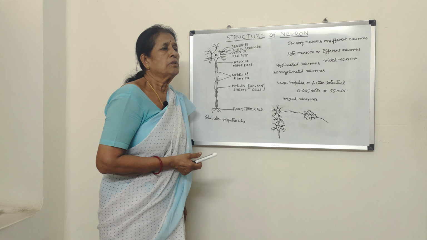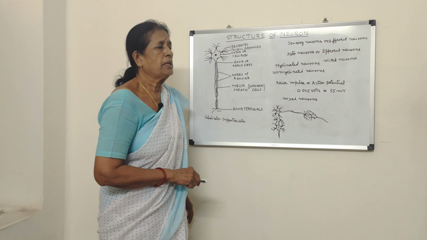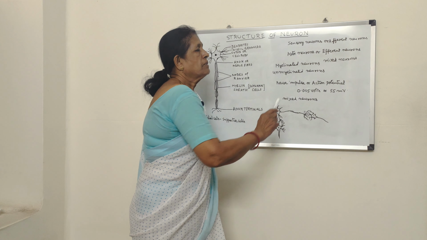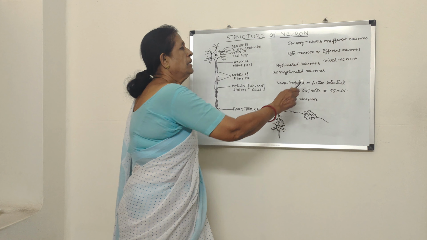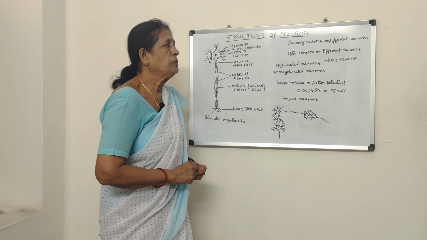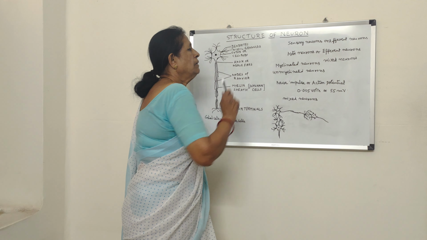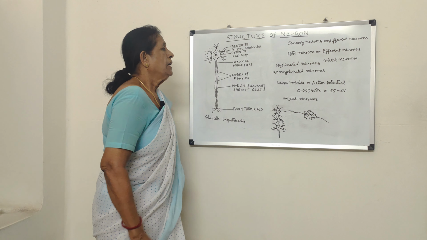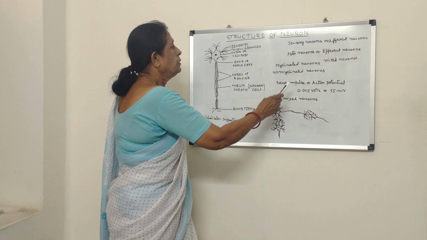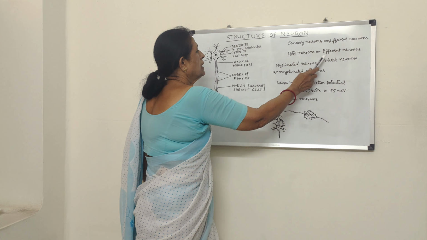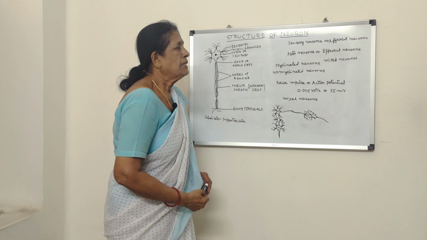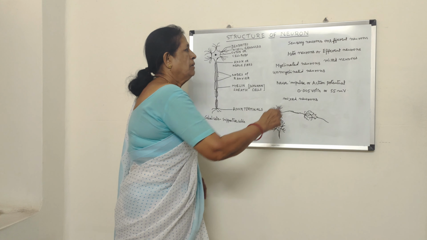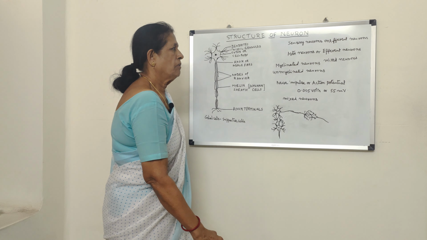Motor neurons are those which arise from the brain and spinal cord and carry impulses to the effector organ. They are called efferent neurons. If a nerve contains both sensory nerve fiber and motor nerve fiber, then it is called a mixed nerve.